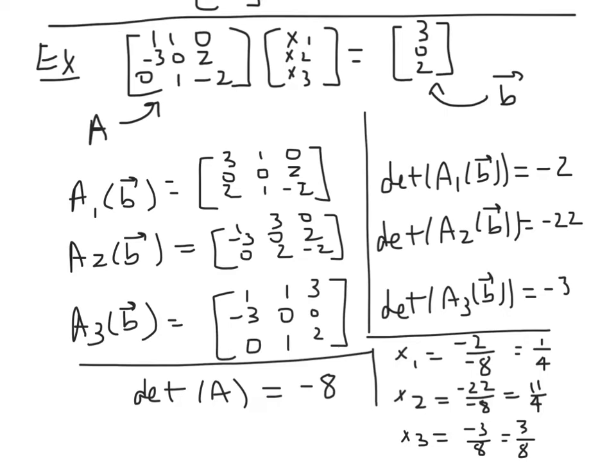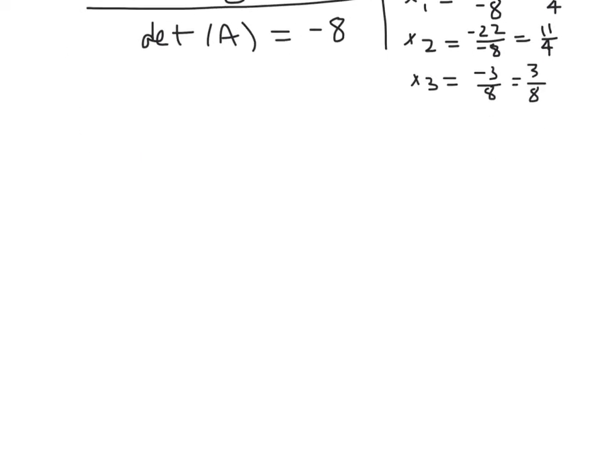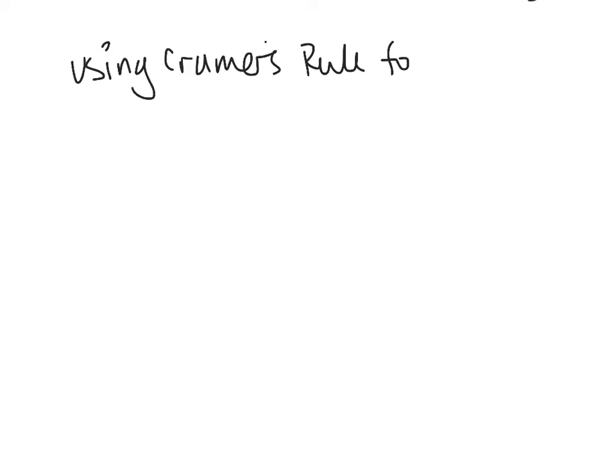Alright, so let's turn our attention to using Cramer's rule to actually calculate the inverse of a matrix. So, using Cramer's rule for computing A inverse. So this is going to continue to show you the connections between determinants and inverses.